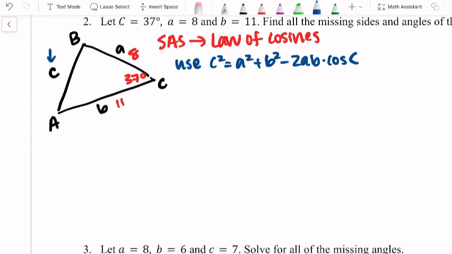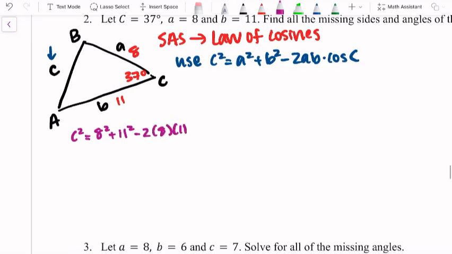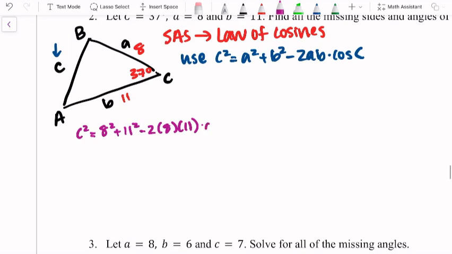So when I do that, I'm just going to plug everything in. So I don't know my side length c, so that's going to be the variable I'm solving for. So I'm going to have c squared is equal to, okay, I know that a squared is 8, so I'm going to have 8 squared plus 11 squared minus 2 times 8 times 11, and that's going to multiply cosine of my angle C, which is 37.